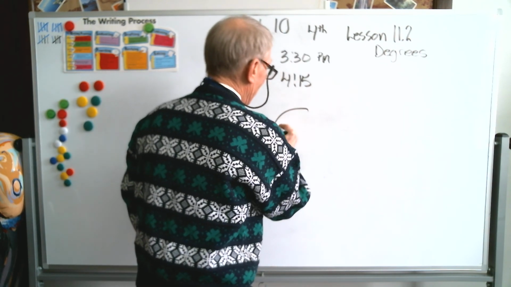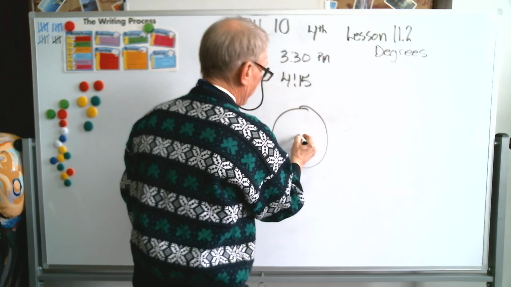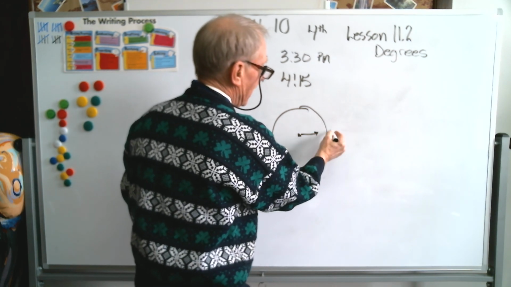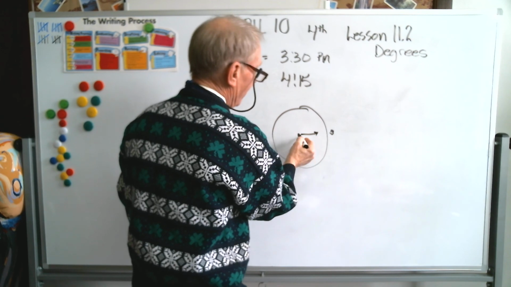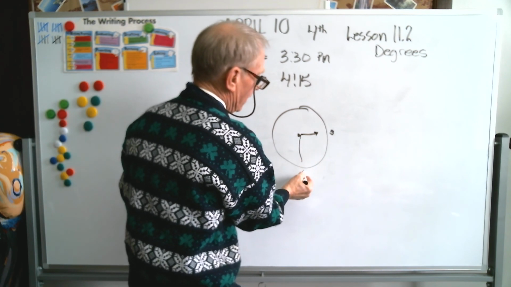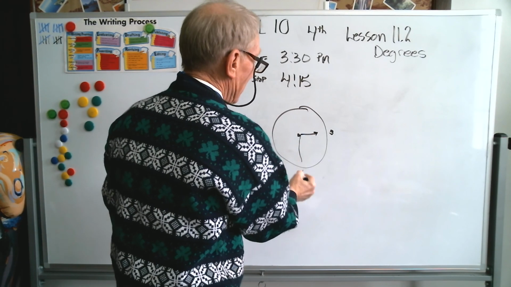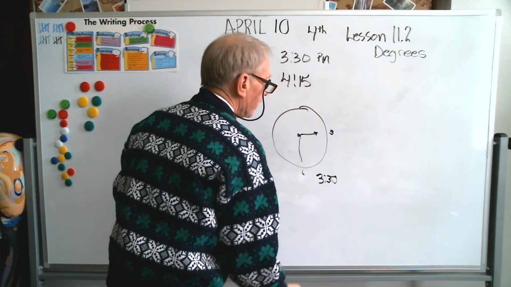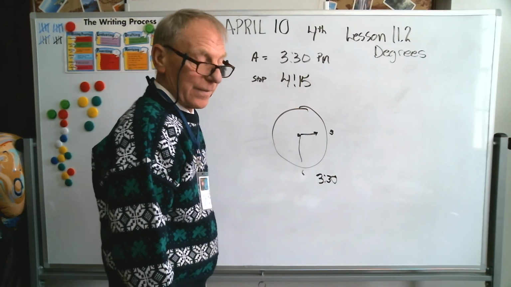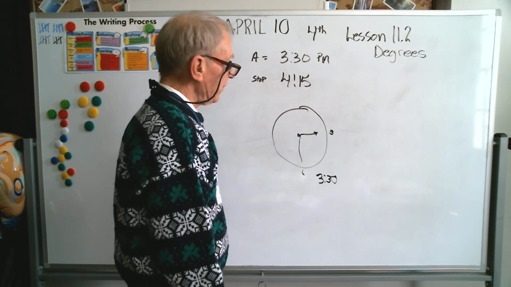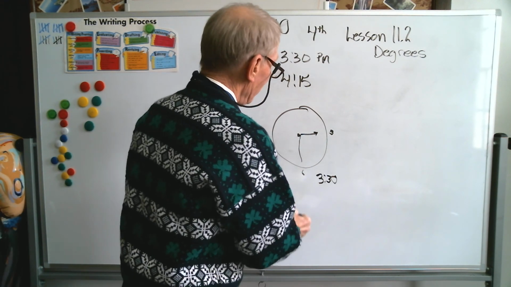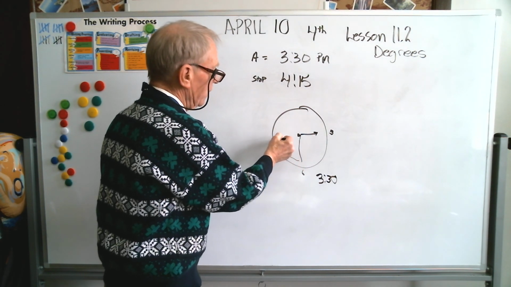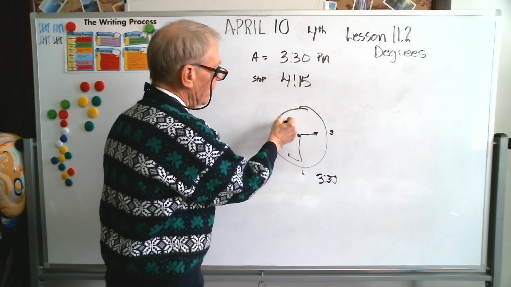So, let's make a clock. And we know that the little hand is going to be on the 3, the big hand is going to be on the 6. That is 3:30. She stopped at 4:15. So that means this hand moves clockwise.